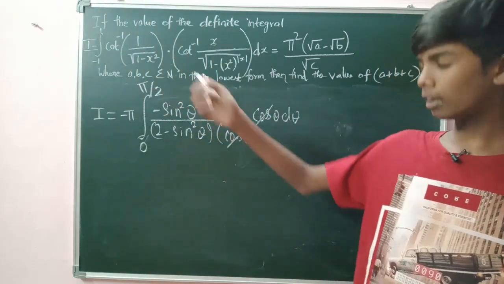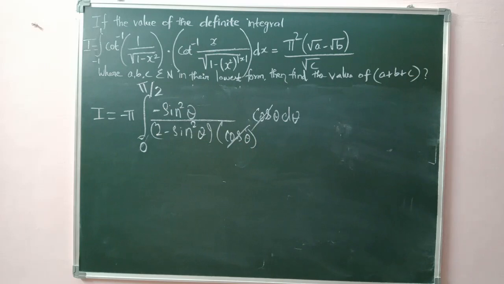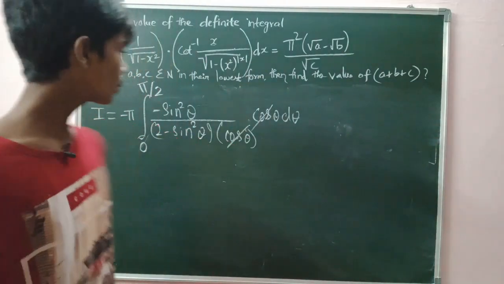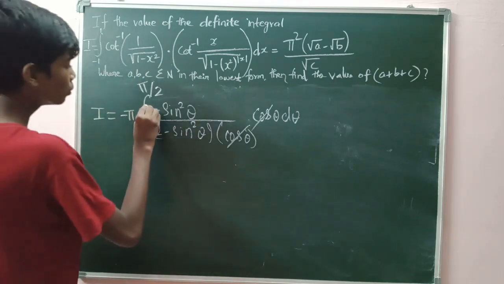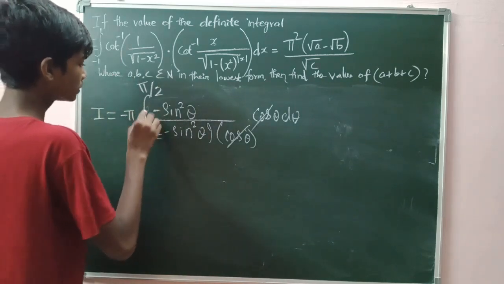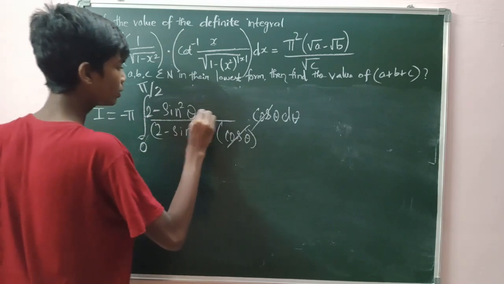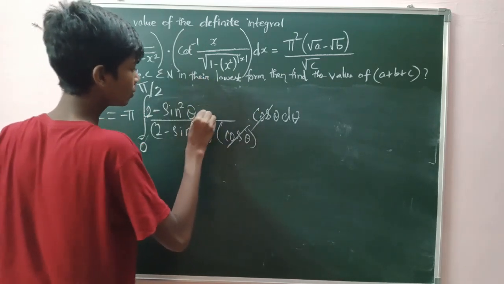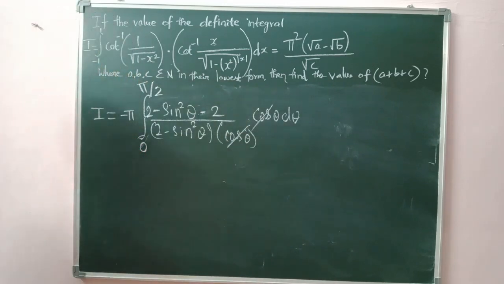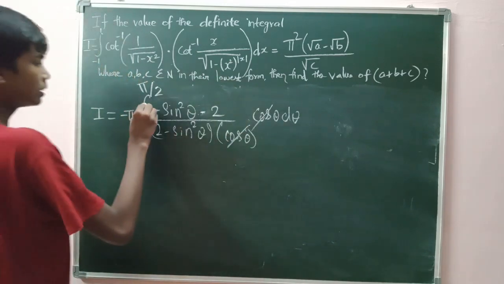I'm writing it as minus pi times the integral of minus sin square theta. Okay, people. Then in your numerator I'm going to add 2 and subtract 2, and I'll put a bracket on 2 minus sin square.